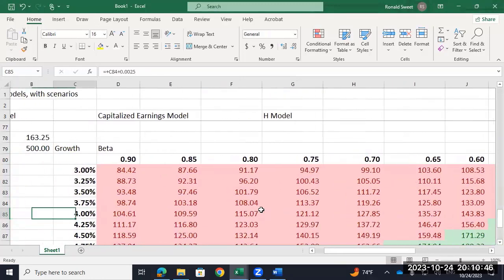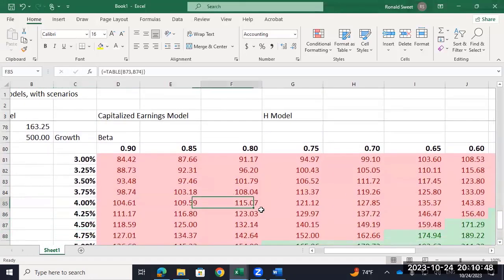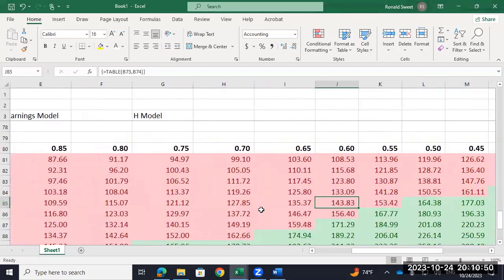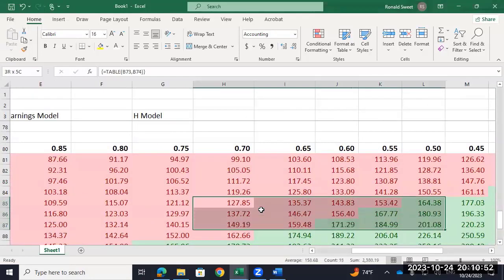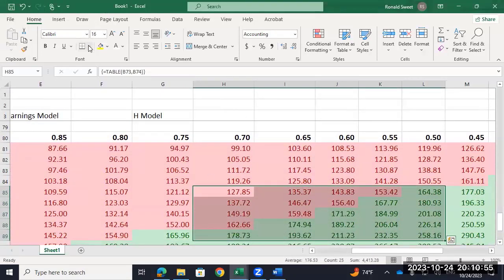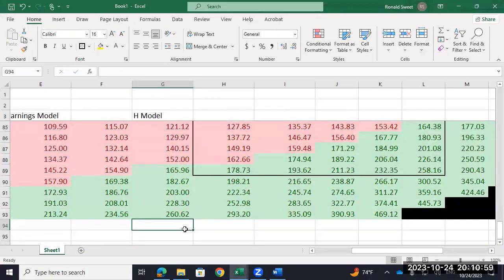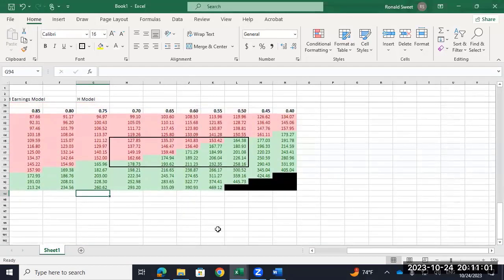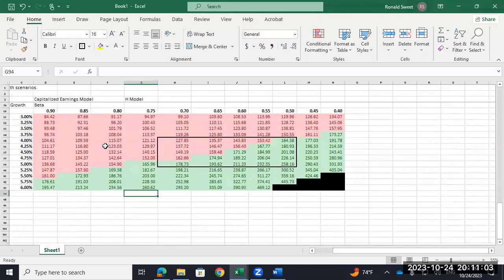I can't see all of those. So I might highlight this section in here. And you'll see a lot of charts like this in the papers, okay? You can definitely clean it up quite a bit.